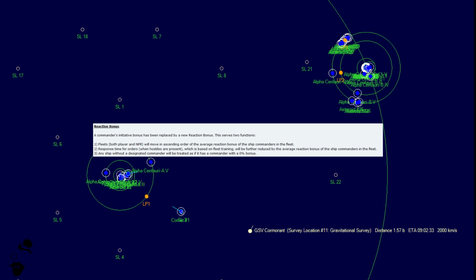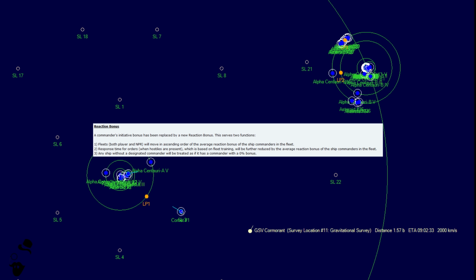First of all, average reaction bonus of the ship commanders in the fleet. Now, that's important because it means that you can't just have one really, really good guy in charge of one ship in the fleet and have him designate the initiative for the entire fleet. You have to have lots of really good commanders.